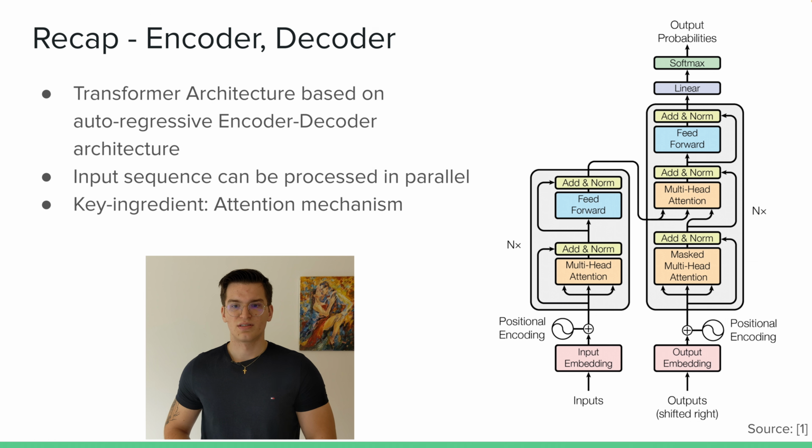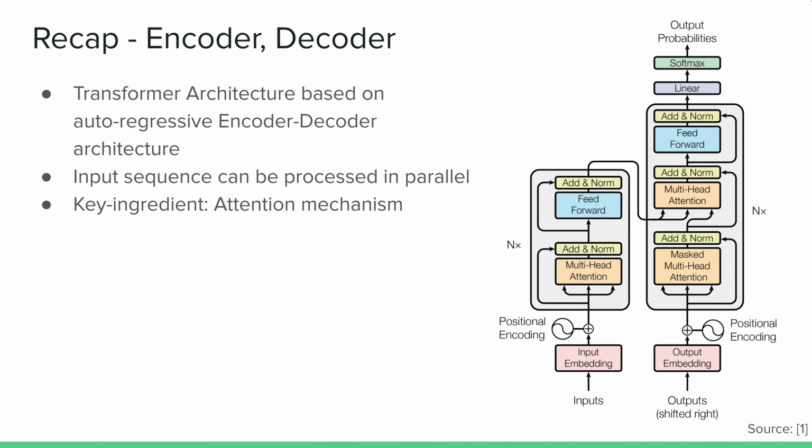This framework processes input sequences in parallel, which is a major advantage over older sequential models like RNNs and LSTMs that had to handle one token at a time. At the heart of this architecture is the attention mechanism, particularly the multi-head attention. This allows the model to weigh different parts of the input sequence differently, enabling it to focus on the most relevant words or phrases when generating outputs.